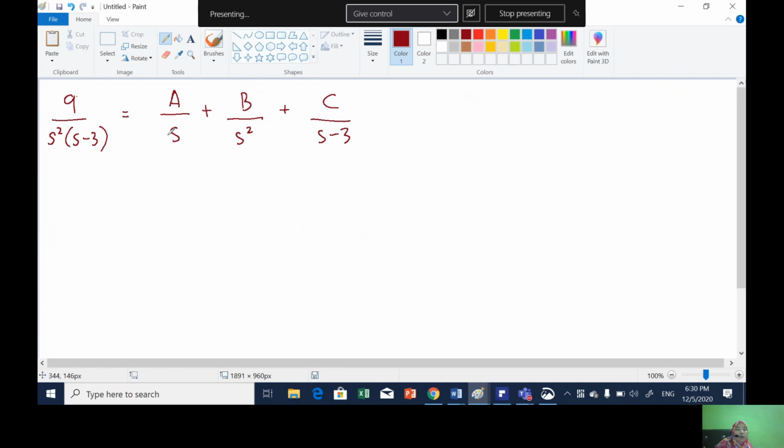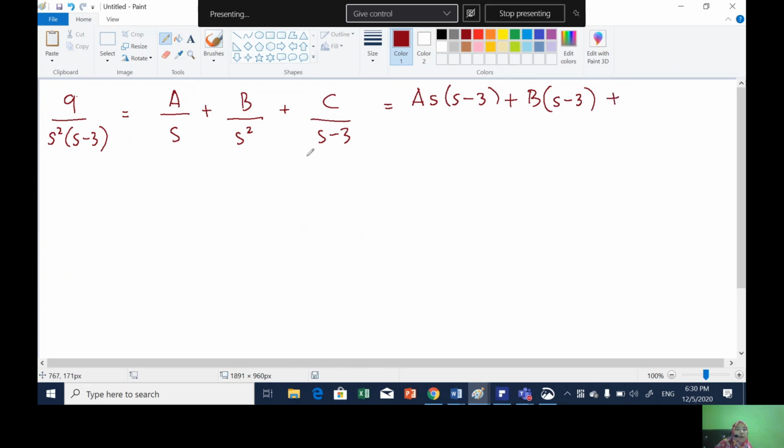So let's look here. A has s, so A should be multiplied with another s and s minus 3. Then for B, look at the denominator. B has s squared from here, so B does not have this part, so B will multiply with this one.